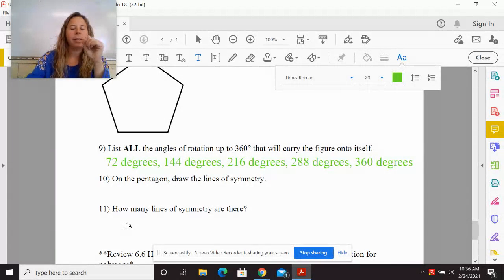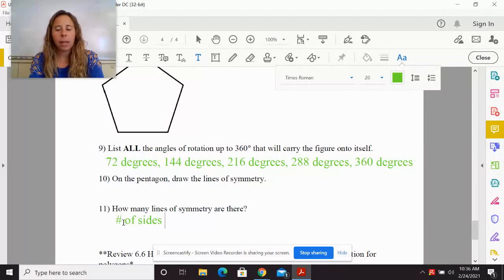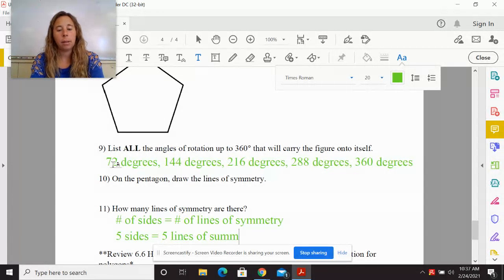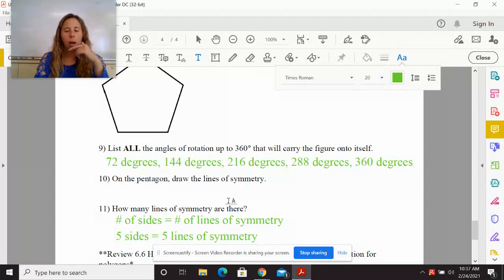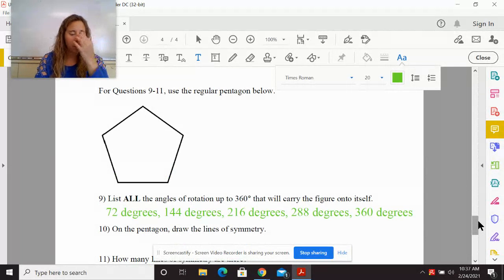All right. So the number of sides is equal to the number of lines of symmetry. So a pentagon has 5 sides, so we have 5. I think it's easier to go in knowing that. Now I can actually draw in my lines of symmetry.